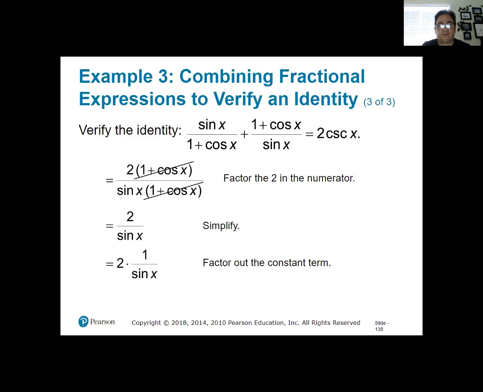And 1 over sine of x is what? Cosecant of x. Good. So 1 over sine of x is cosecant of x, which is what I wanted to end up with. So that means that I have verified my identity.